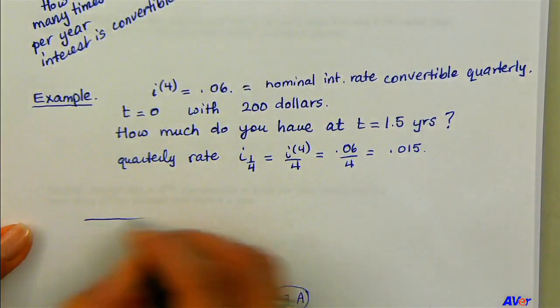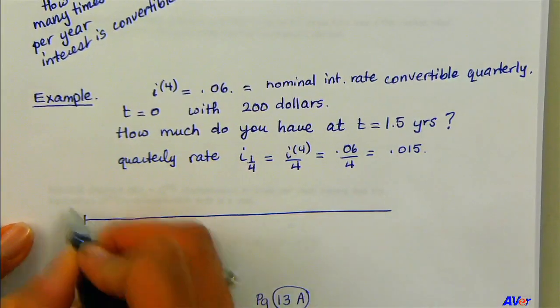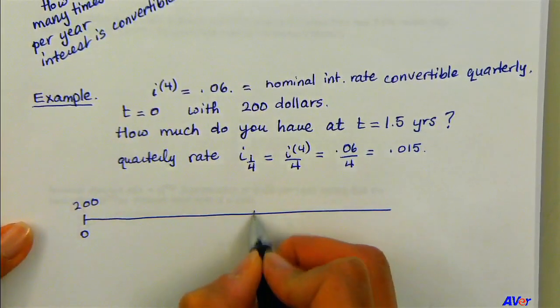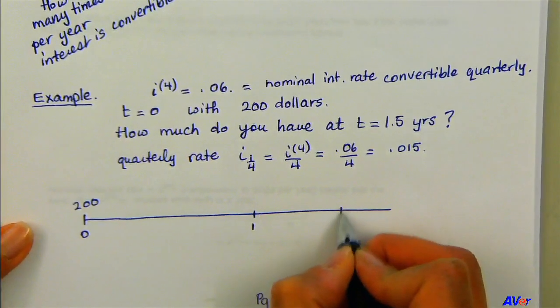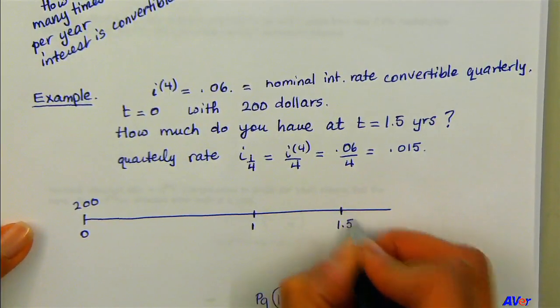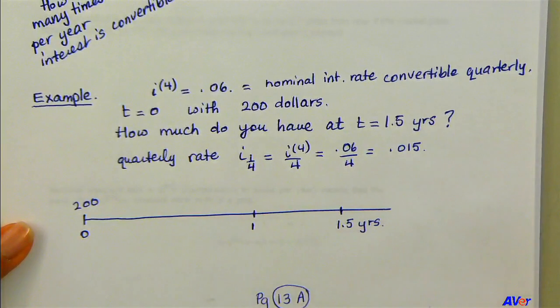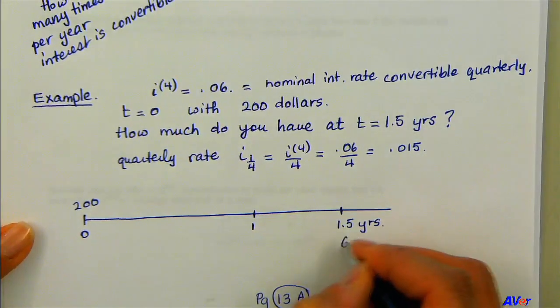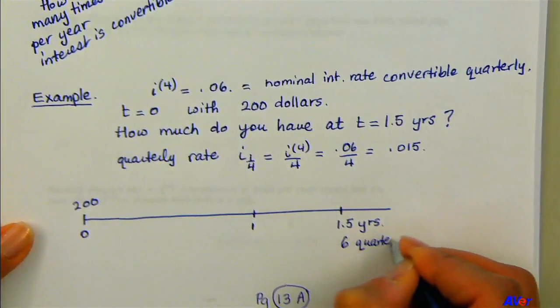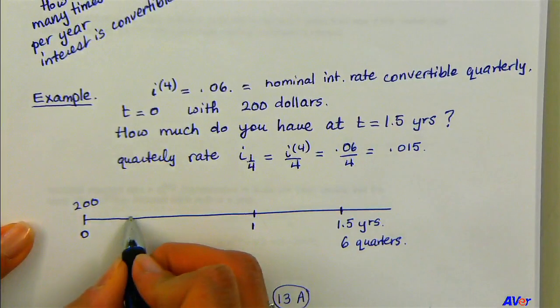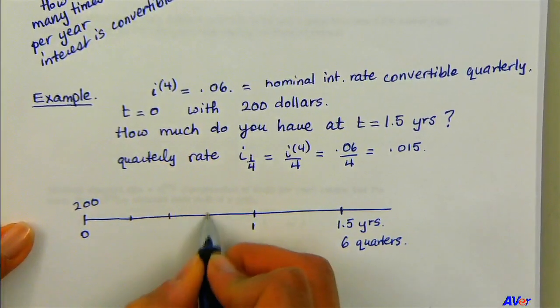I'm starting with $200 at time 0. Here's time 1, and here's time 1.5 years. How many quarters in 1.5 years? 6 quarters. So this is my first quarter, second quarter, third quarter, fourth quarter.